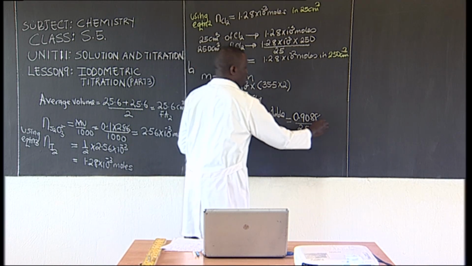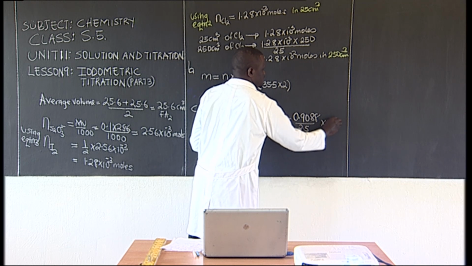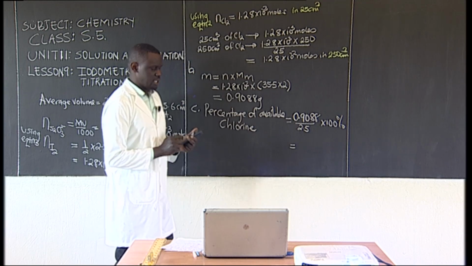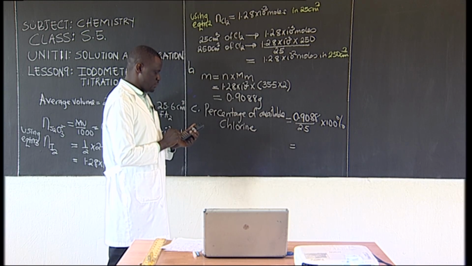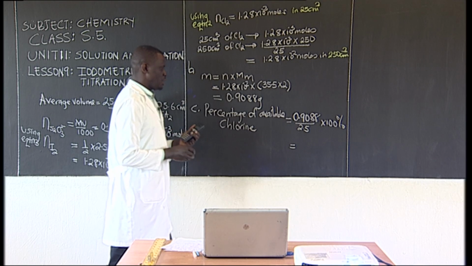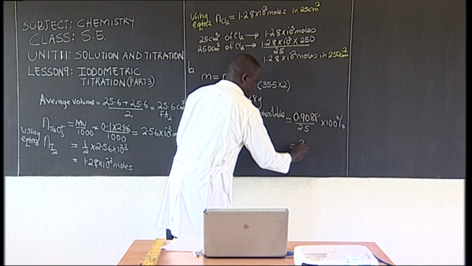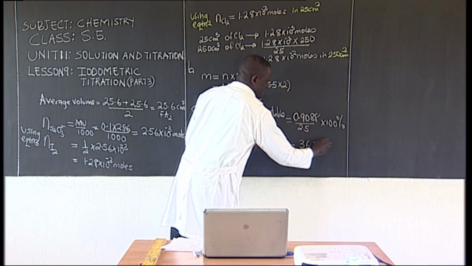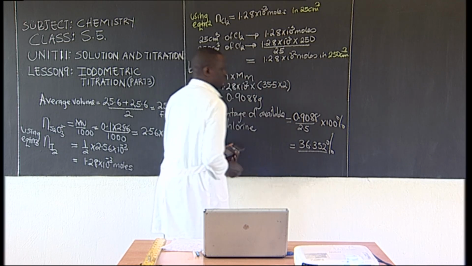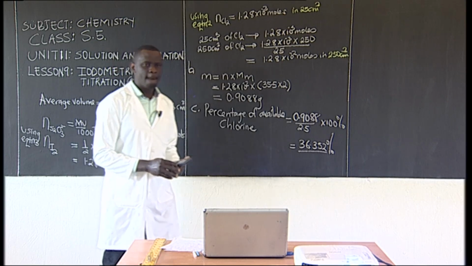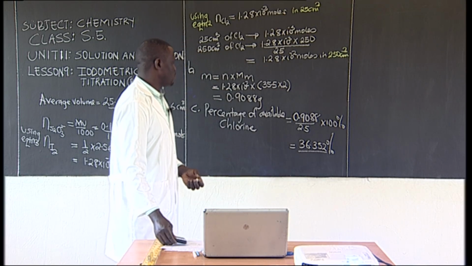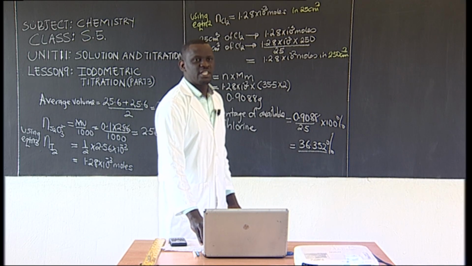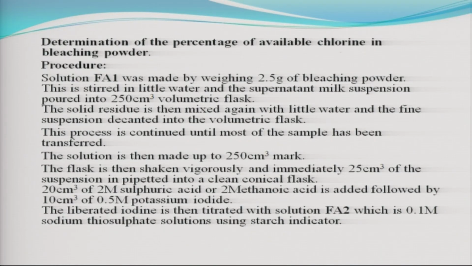So we multiply times 100. You calculate very quickly. So we have divided by 2.5, so our answer will be 36.352%. So you can look at our procedure very well. That's how we get our percentage of available chlorine.